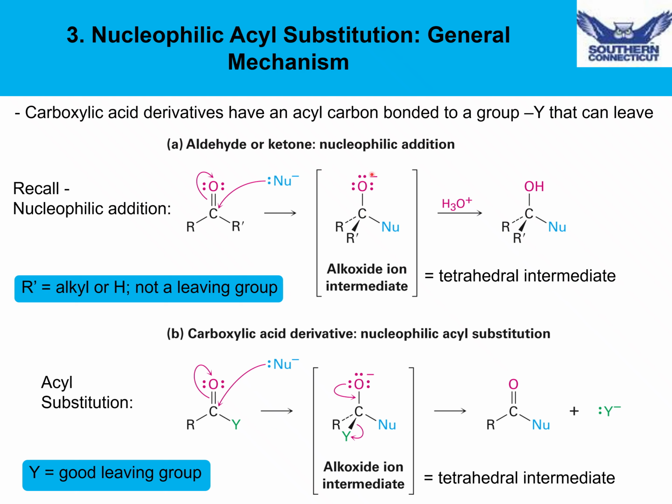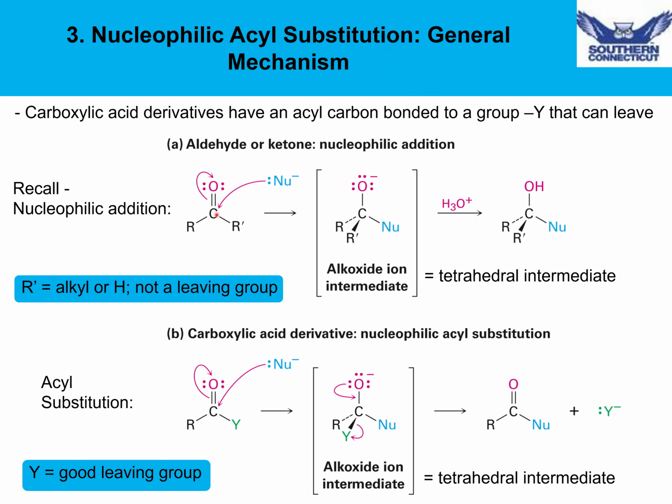At this point, for most nucleophilic addition reactions, this oxygen will react with aqueous acid to give us the final product, which has an alcohol and some sort of nucleophile added to the same carbon. So overall, this is a nucleophilic addition because we're adding a nucleophile to the carbonyl.